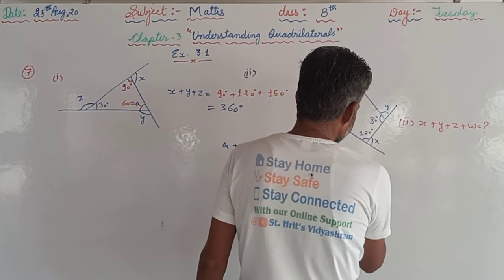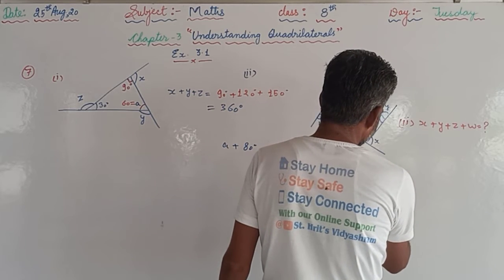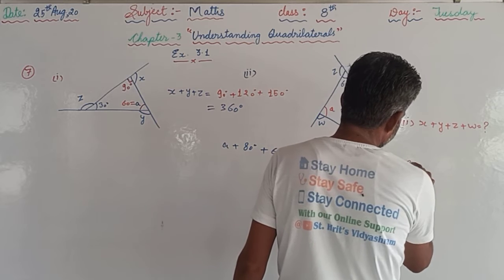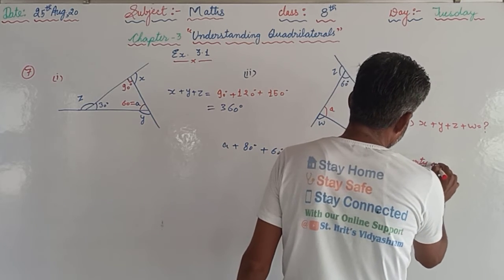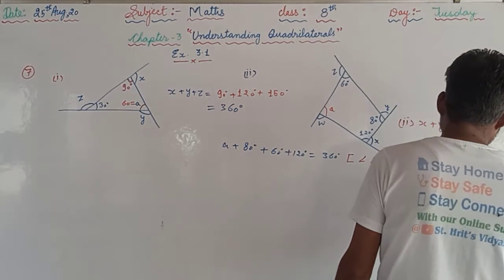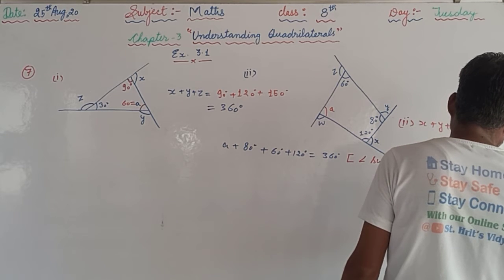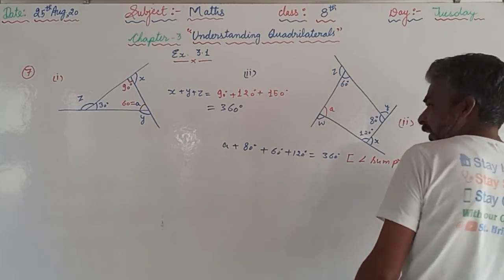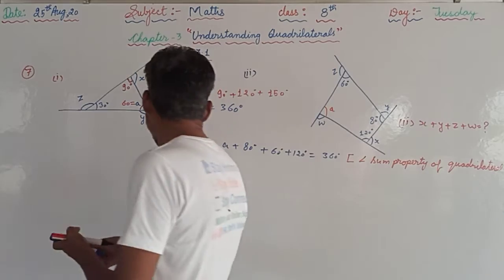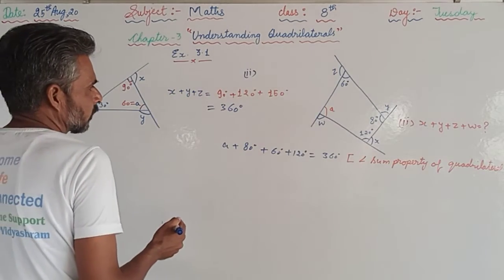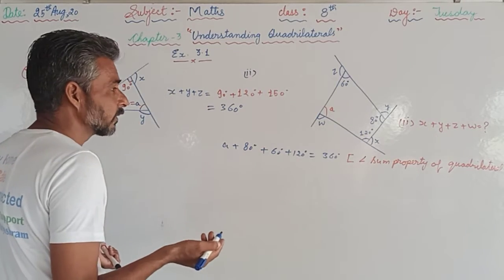Because that is the angle sum property of quadrilateral, that is the sum of the interior angles of a quadrilateral is 360.